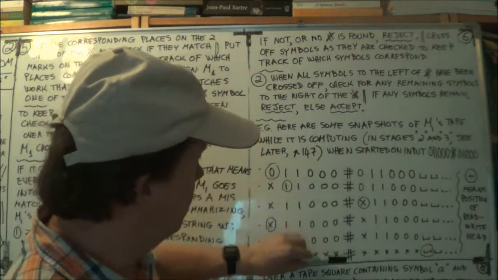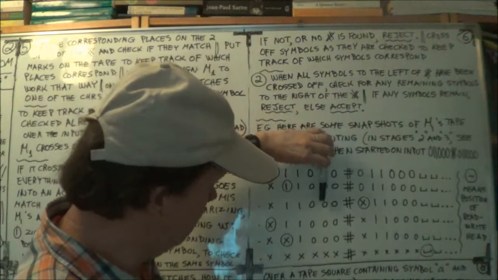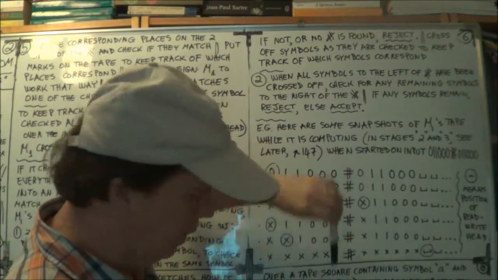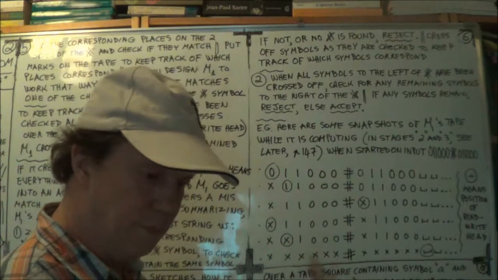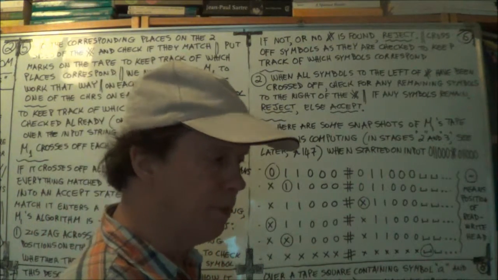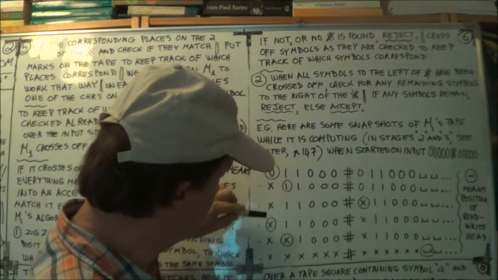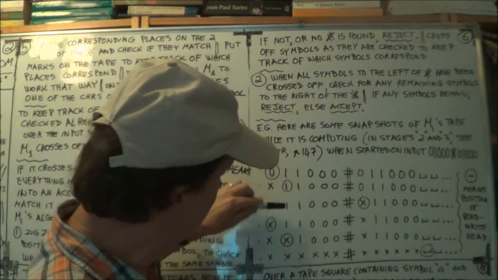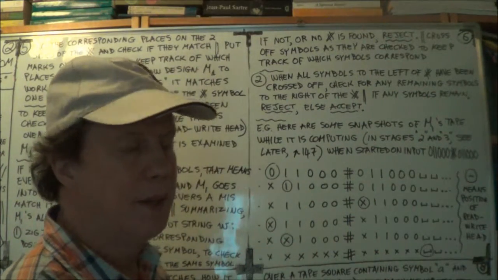Now, this history, this sequence, is going from step to step in the computation by the Turing machine. Now, this is not step 1, step 2, step 3. It's not like that. These are just samples. There'll be many steps in between, perhaps.